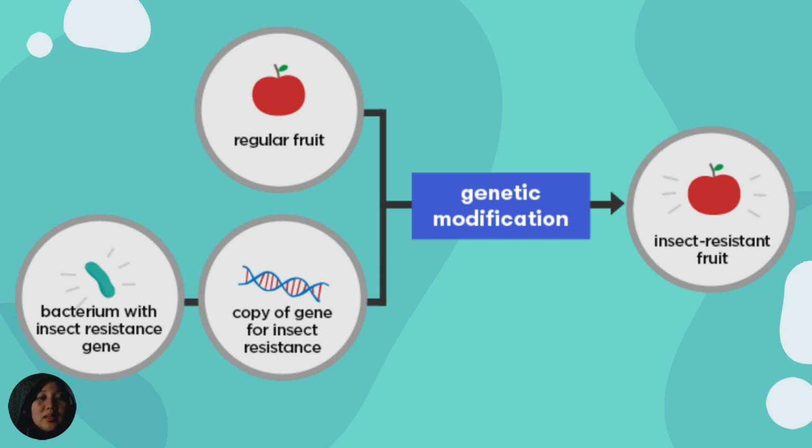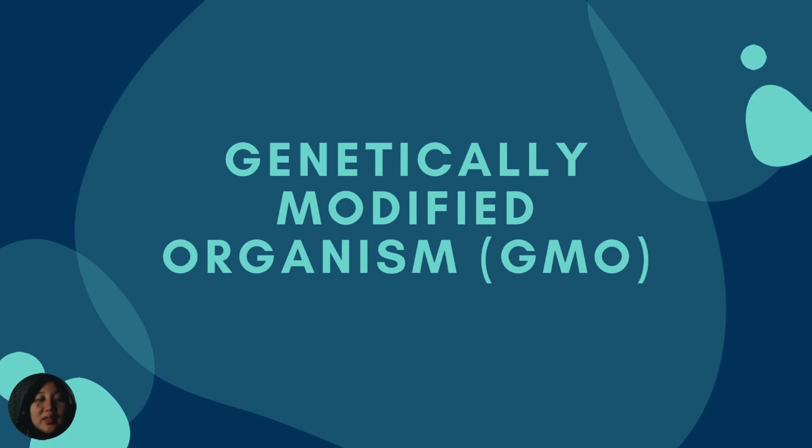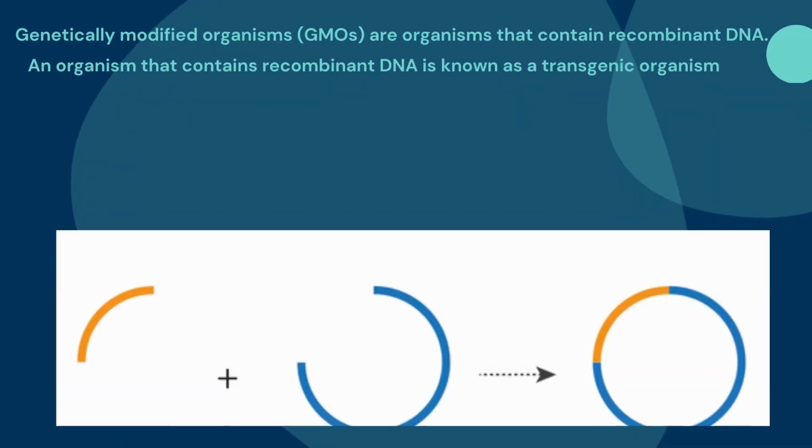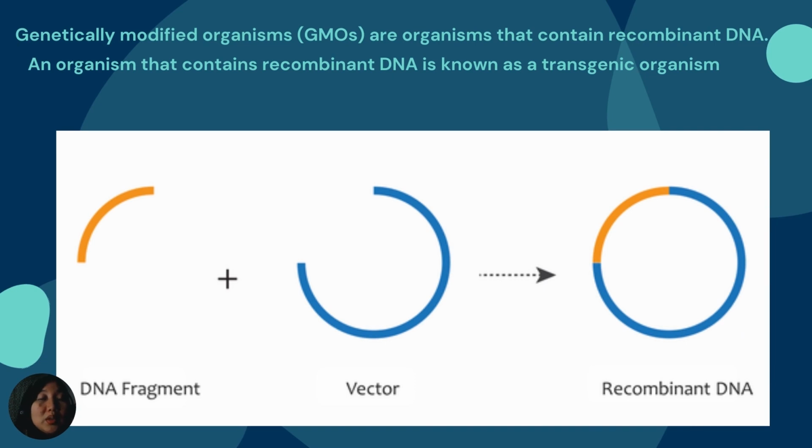All right, so what is a GMO, a genetically modified organism? Basically, a genetically modified organism is an organism that contains recombinant DNA. An organism that contains recombinant DNA is also known as a transgenic organism.